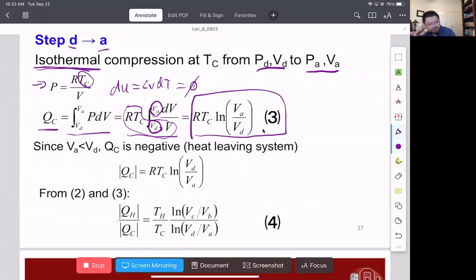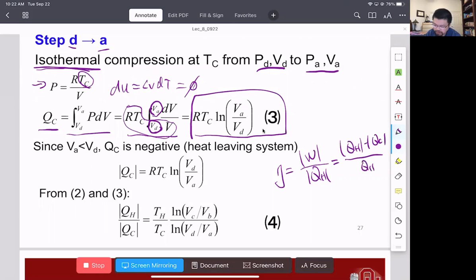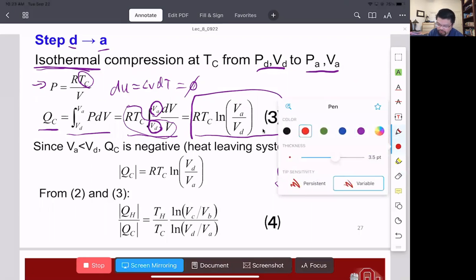So what's the use of that? Well, at least we are able to replace the work W over QH, and W, using the first law of thermodynamics, would be QH minus QC. So now you can see that we are achieving a very nice objective over here.